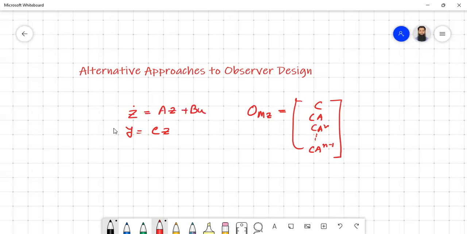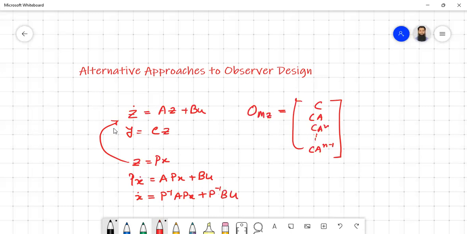Now if we have our transformation matrix P, that is z equals Px, and we plug this value into this equation, then P x dot equals A P x plus Bu, and that will give us x dot equals P inverse A P x plus P inverse B u.